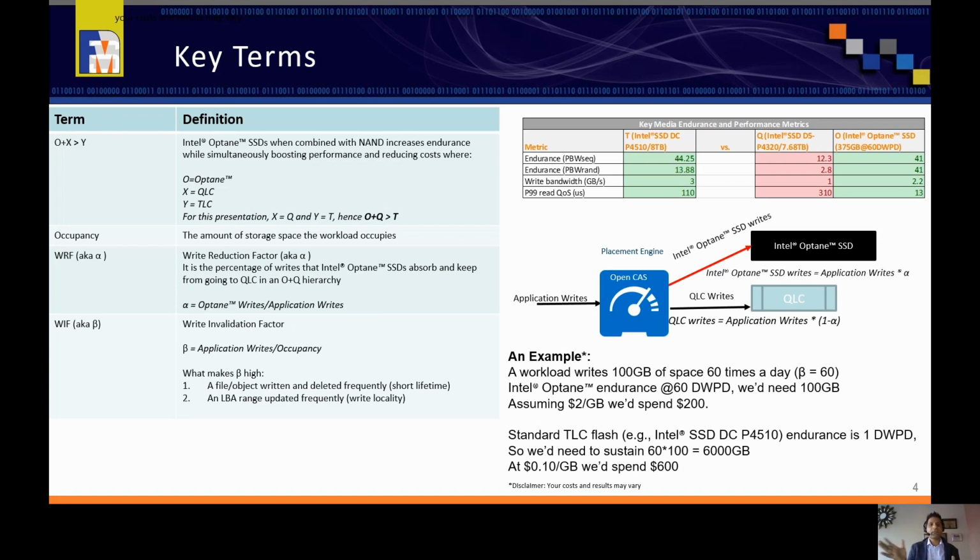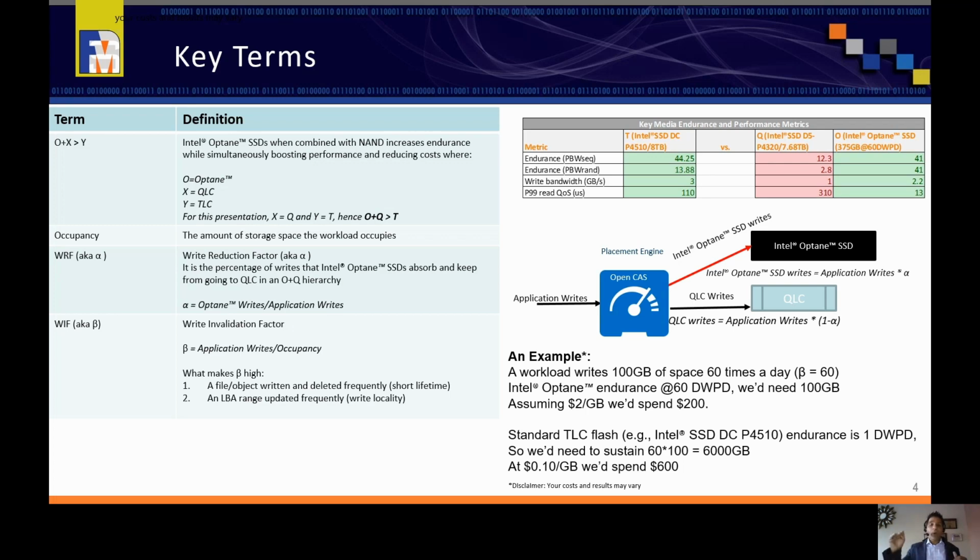So 375 gigabyte Optane versus an 8 terabyte TLC, same endurance. The idea with the placement across Optane and QLC is to balance performance and cost. When we say on the table left-hand side O plus X greater than Y in the first term over there, we really mean O plus Q as a tiered hierarchy is better than TLC.